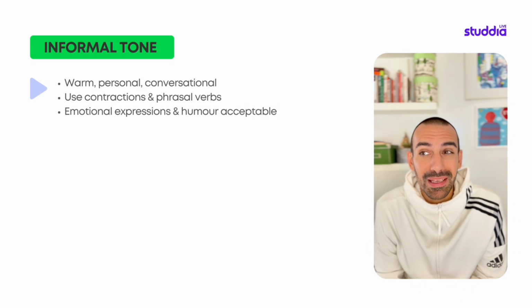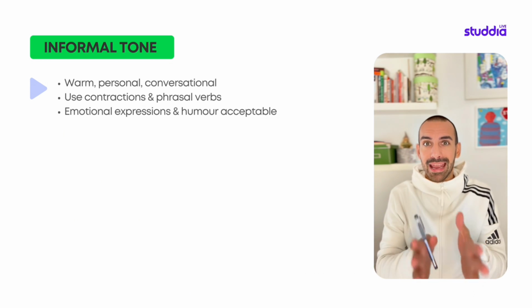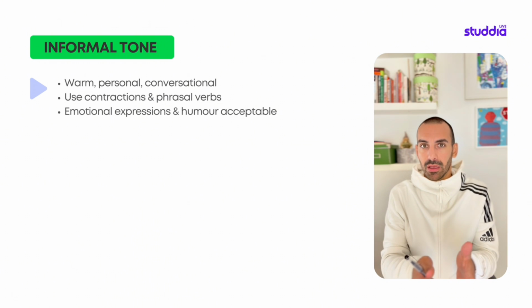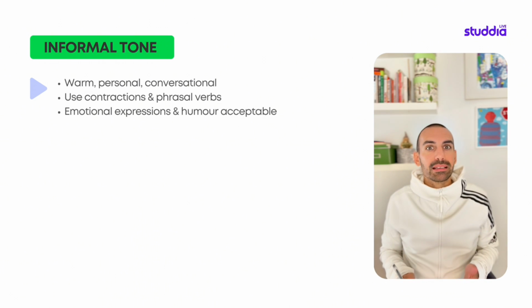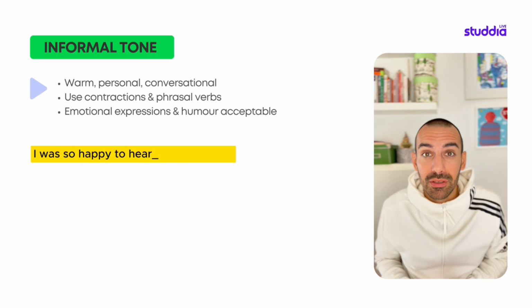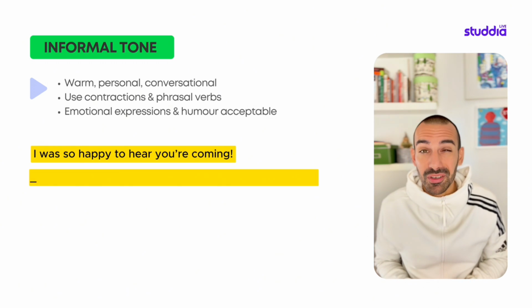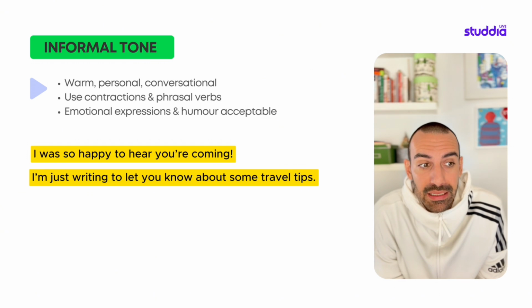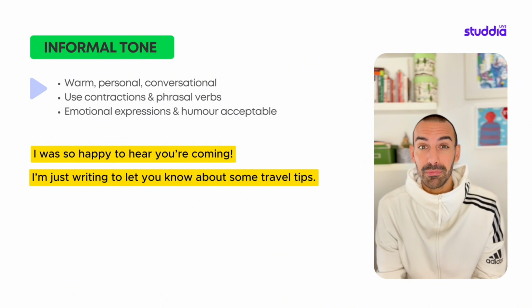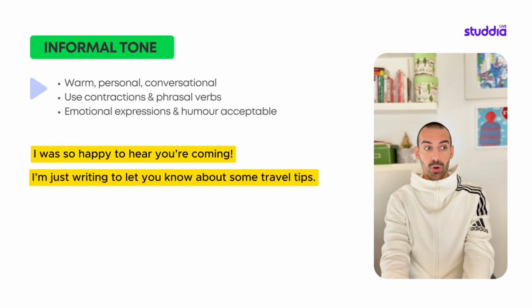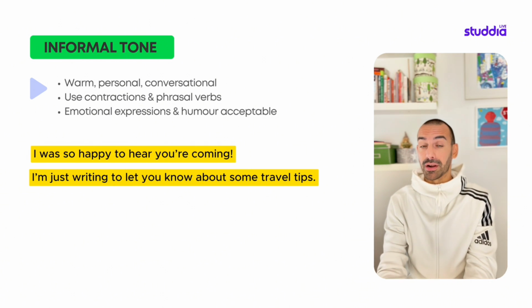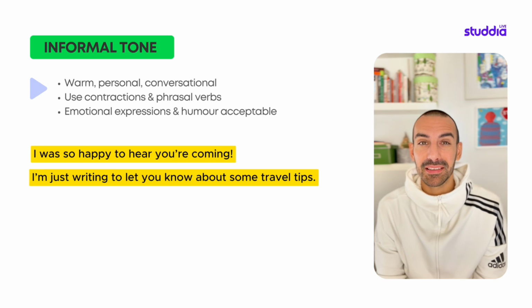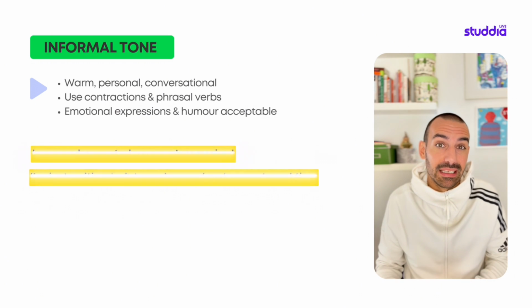The tone can be much more direct and emotional. So, for example, you might say, I was so happy to hear you're coming, or I'm just writing to let you know about some travel tips. It's also fine to use first names and even a bit of humor or exclamation marks, as long as it fits the situation and doesn't sound exaggerated.